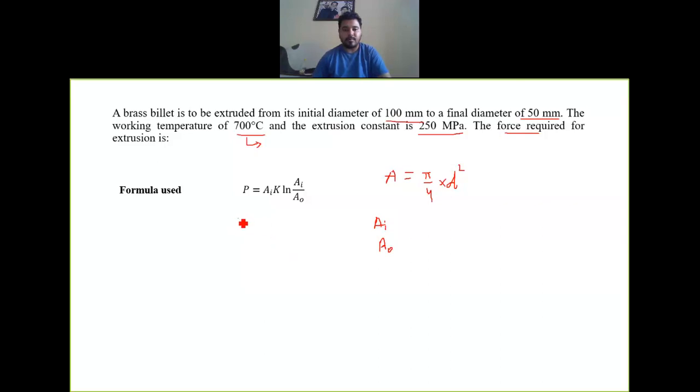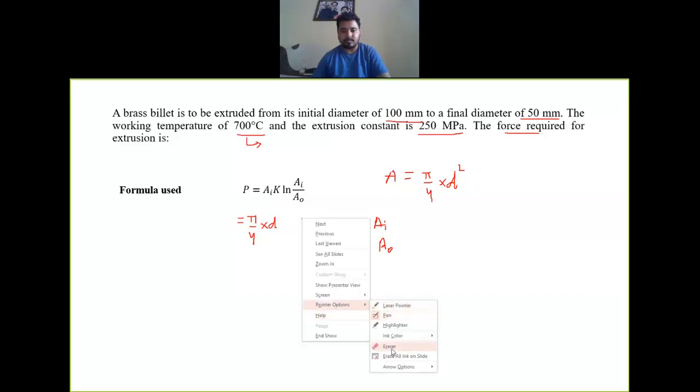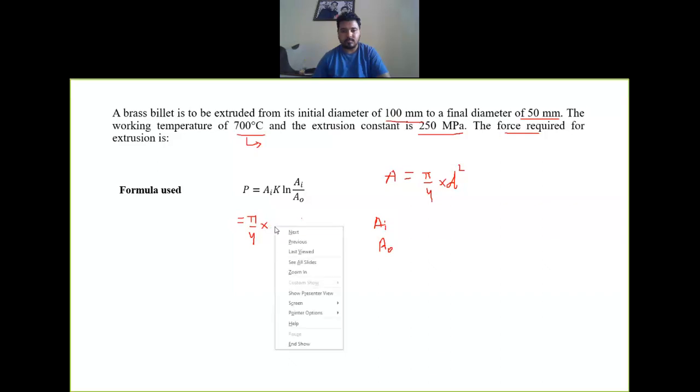Then the relation will be pi by 4 into initial diameter 100 square into extrusion constant 250, which is in megapascal.